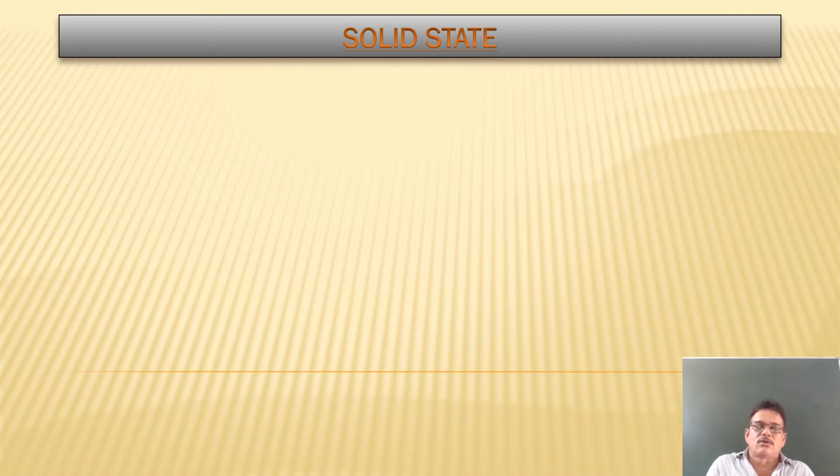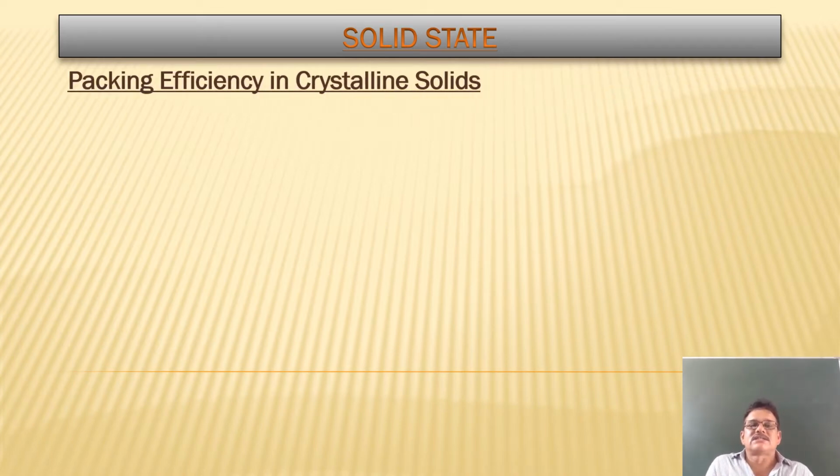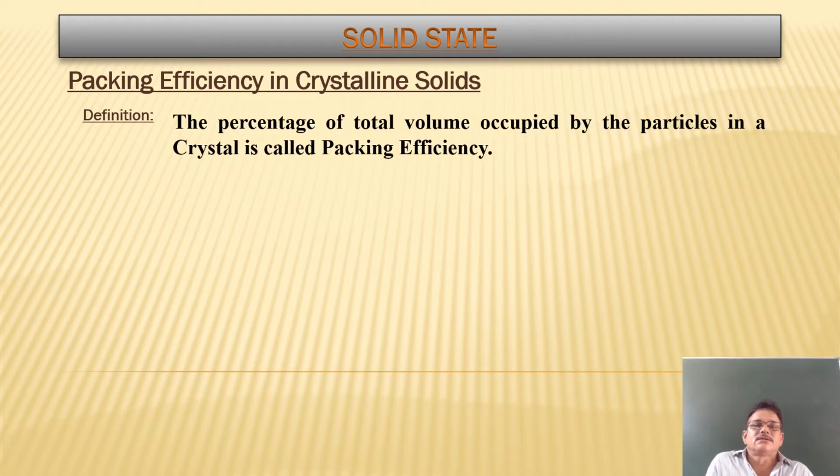Okay. Now we will discuss the calculation of packing efficiency in different types of cubic crystal unit cells. Okay. So the definition of packing efficiency: the percentage of total volume occupied by the particles in a crystal is called packing efficiency.